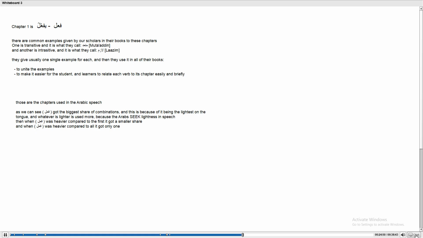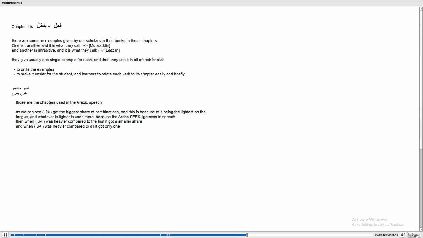Okay, so for example, one of the common examples they have given for this chapter is nasara, yansuru. And the common example they have given for the lazim of this chapter is kharaja, yakhruju.